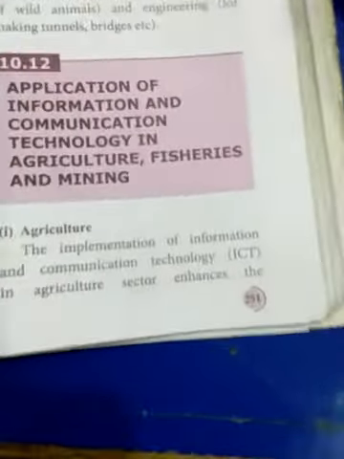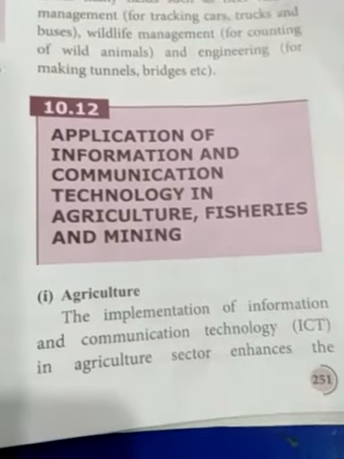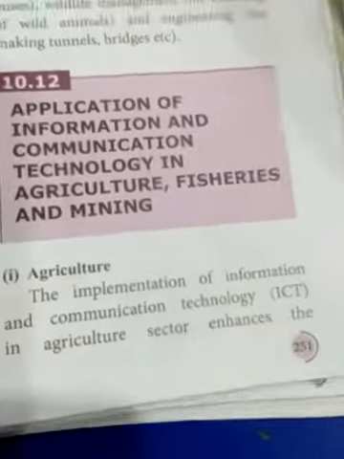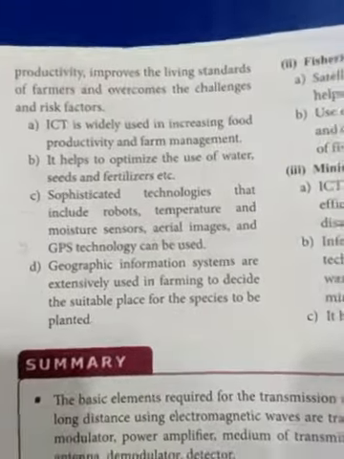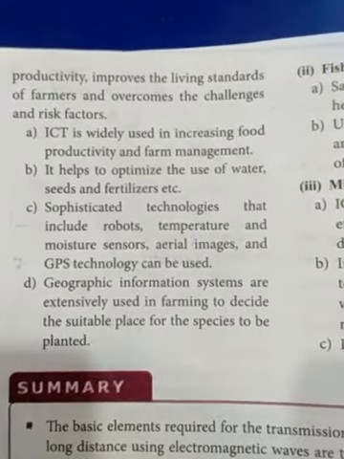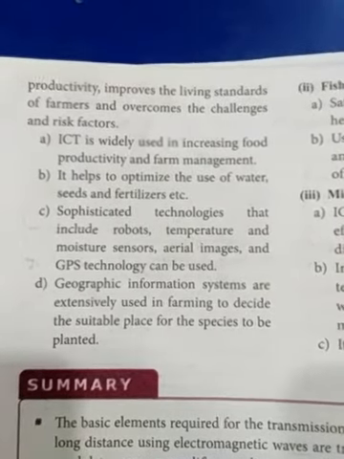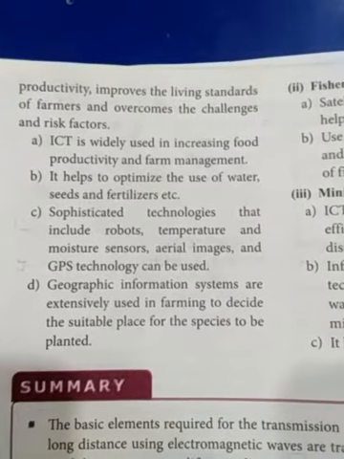First, agriculture. The implementation of information and communication technology in the agriculture sector enhances productivity, improves the living standards of farmers and overcomes challenges and risk factors. ICT is widely used in increasing food productivity and farm management.